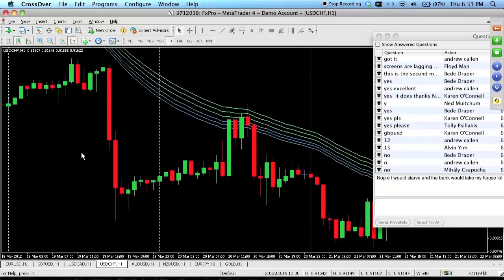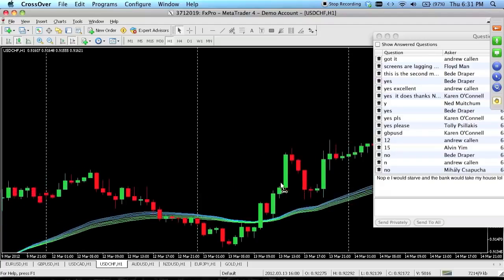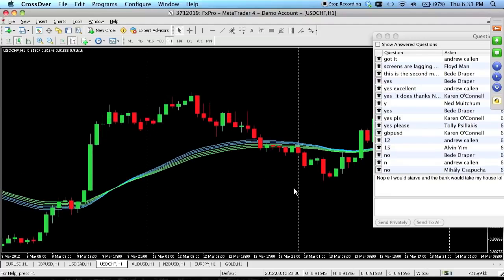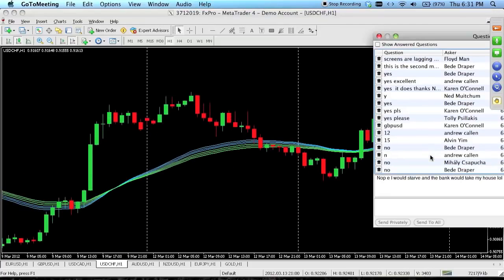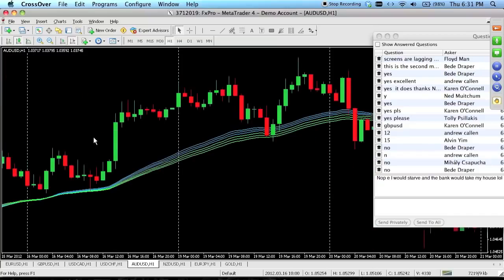Any trades there? Let's take a look. No. Aussie dollar, March 12th. Any trades there?